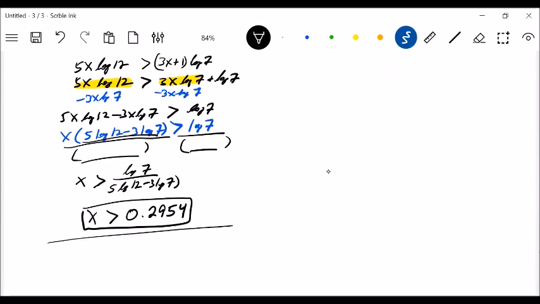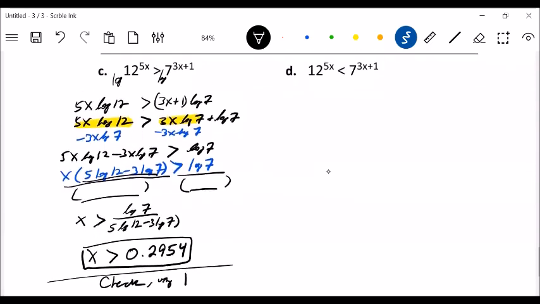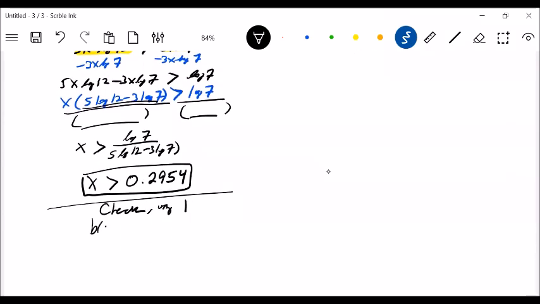So we're going to check, and I'm going to use the number 1, because that's an easy one to use in a problem, and 1 is greater than 0.2954.